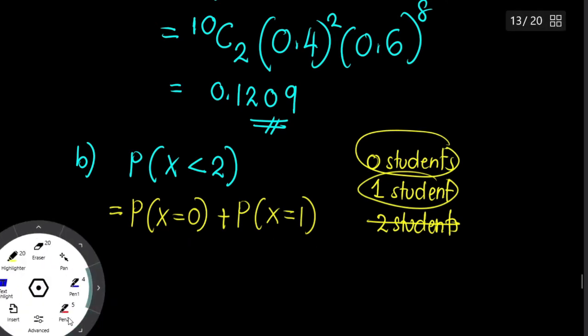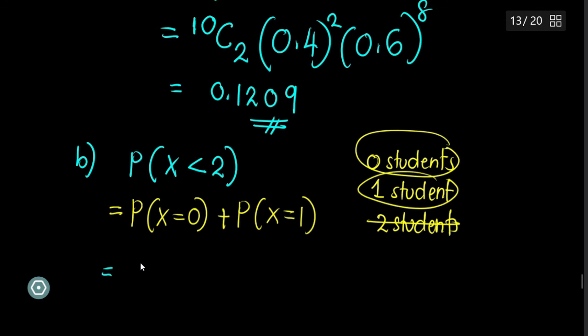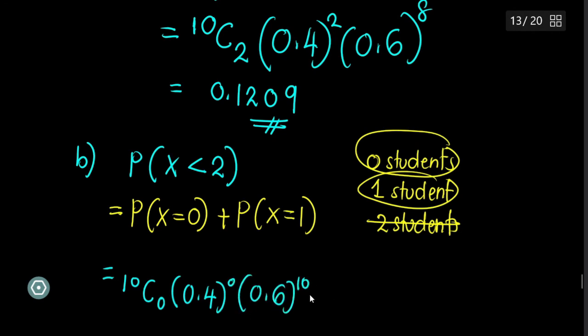Okay. So now let's calculate. So the first one for 0, let me write nicely. Okay, 10 C0, 0.4 power of 0, 0.6 power of 10, plus 10 C1, 0.4 power of 1 and 0.6 power of 9.